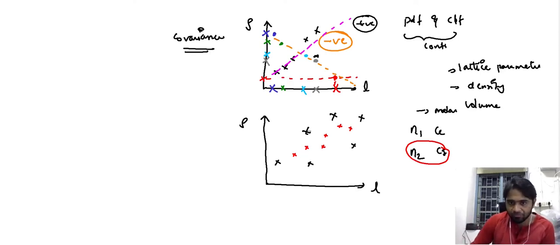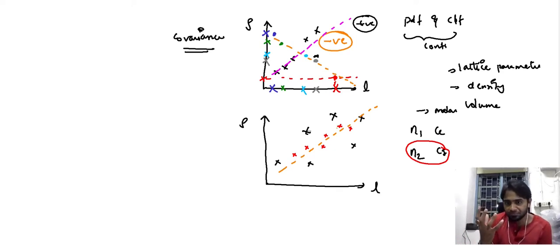So you have two sets of alloys, and both these sets of alloys exhibit positive covariance when you handle their density and lattice parameter. Even though both exhibit a positive covariance, the strength of this relation, the deviation with respect to the line that you introduce to describe the covariance, exhibited by the individual alloys is quite different.